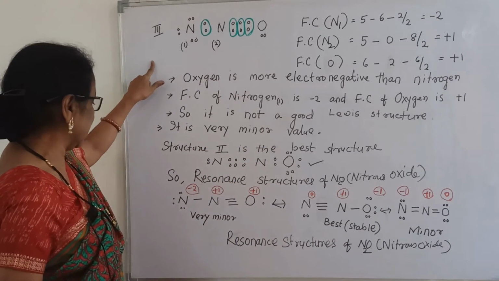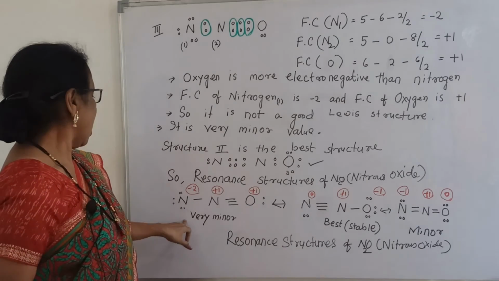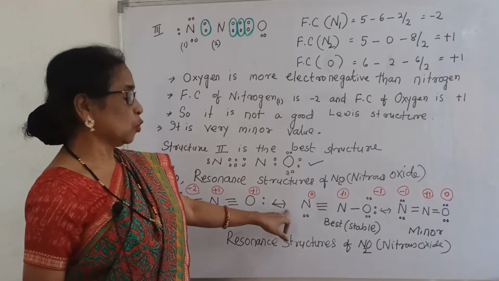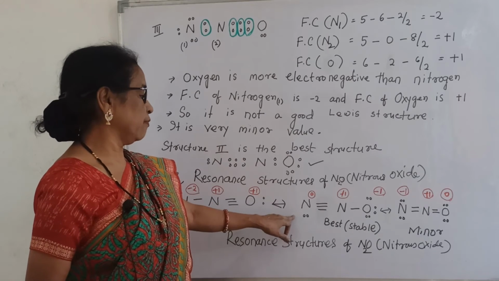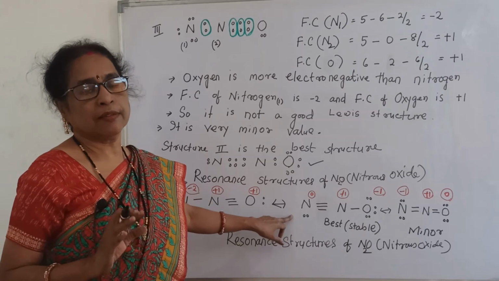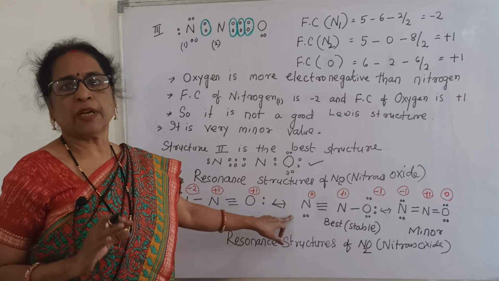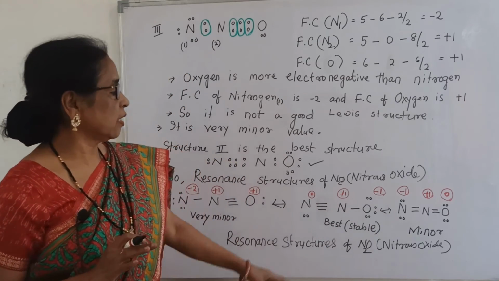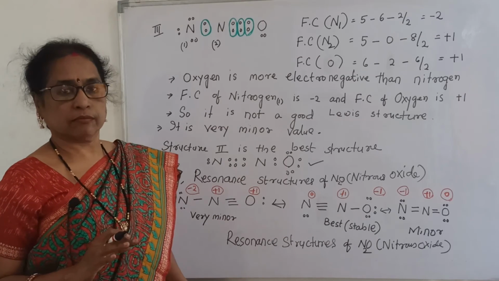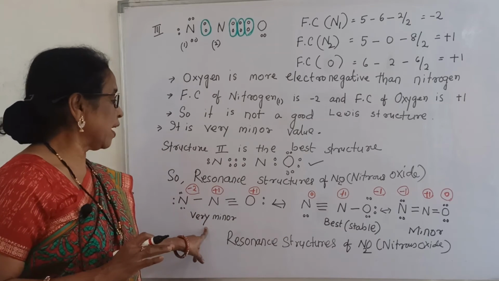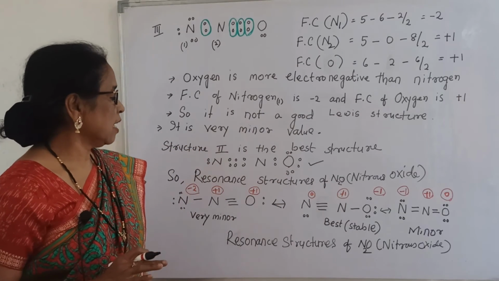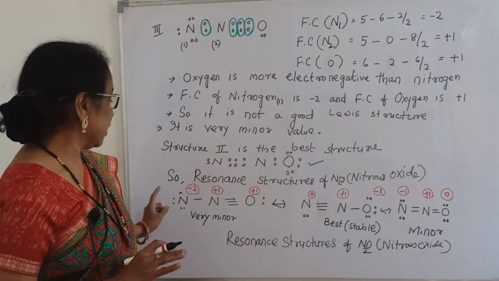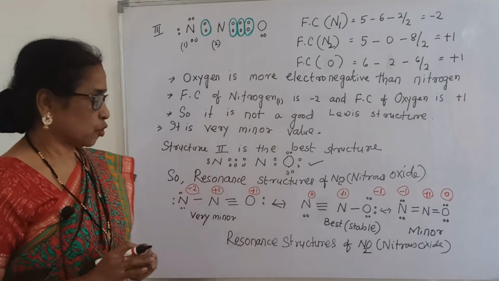Since I told here 3, actually this is the 3, and here we find this is a very minor value, and this is the 2, which is the best one, because here the formal charge value is the least. And the last one, that is here minor. That means here very minor, and this is minor, and this is the best one. And it indicates the resonance structure.